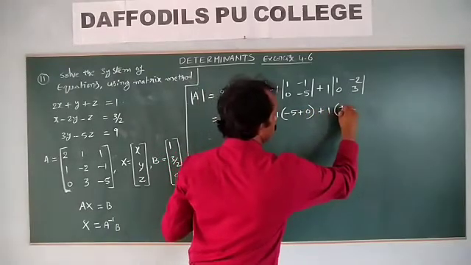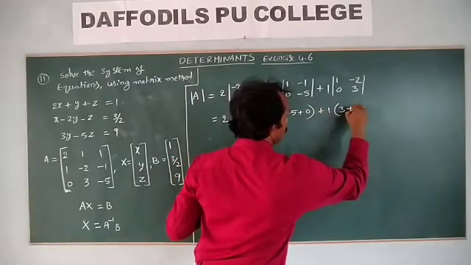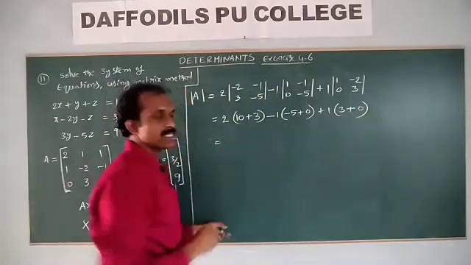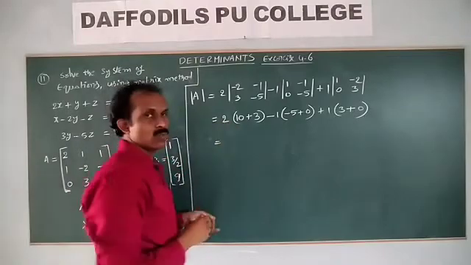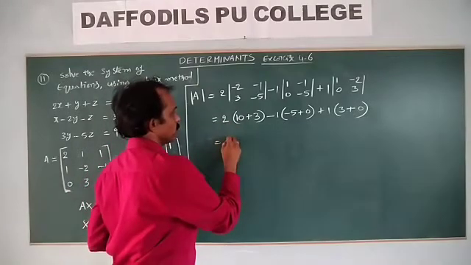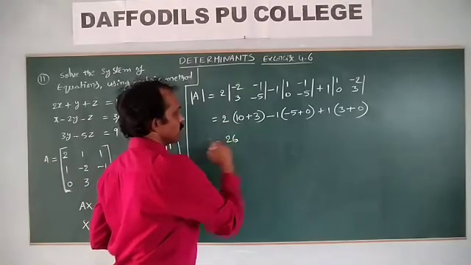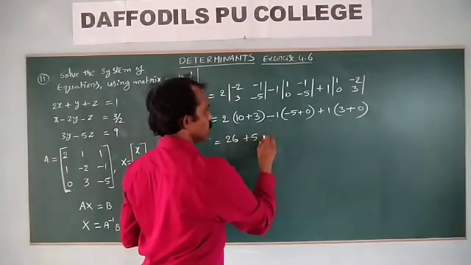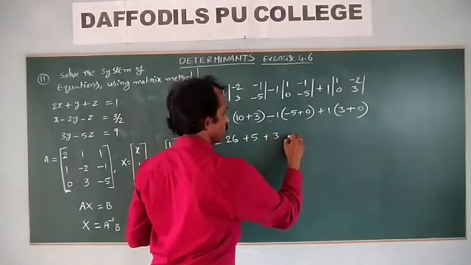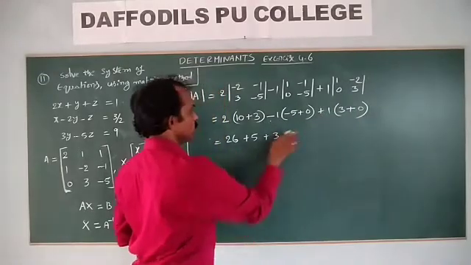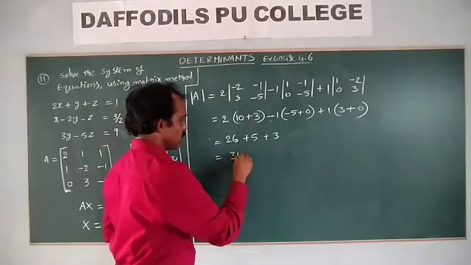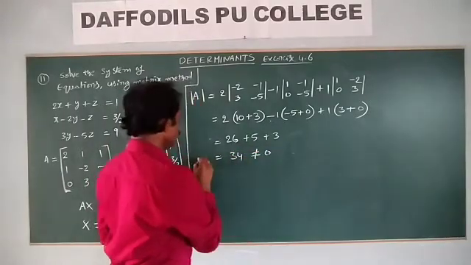Plus 1 times 3 plus 0. So 10 plus 3 is 13, 13 into 2 is 26, minus into minus plus 5, plus 3. 26 plus 5 is 31, plus 3 is 34. This is not equal to 0.